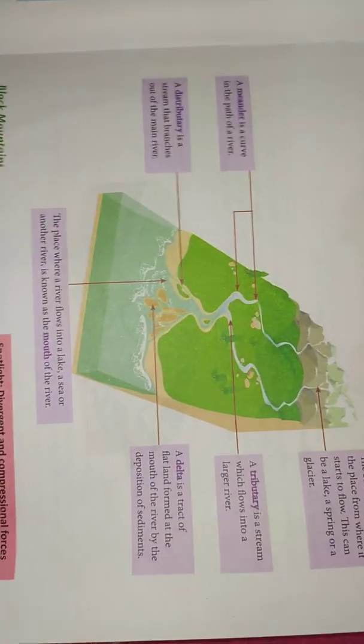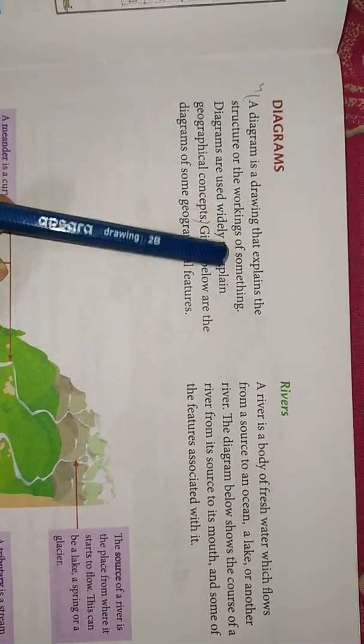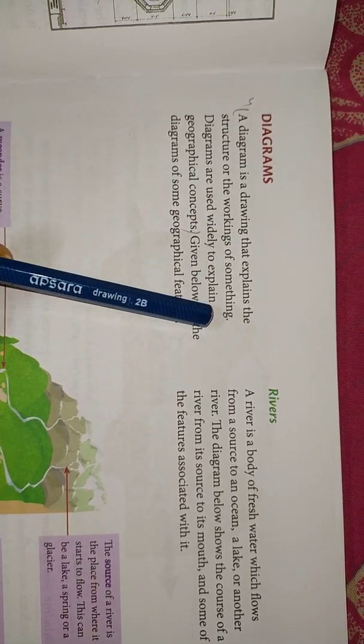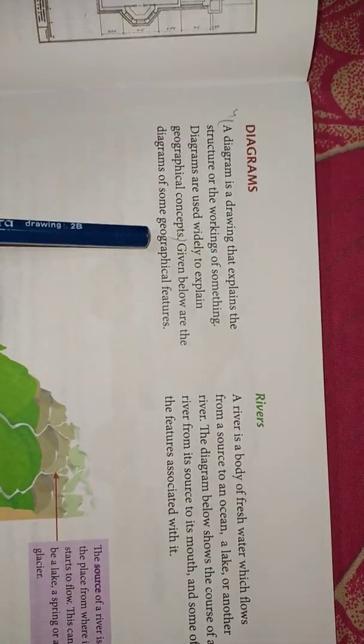Why do we need diagrams in geography? The answer is on page number 7. A diagram is a drawing that explains the structure or the working of something. And why do we need them? Diagrams are needed widely to explain geographical concepts.